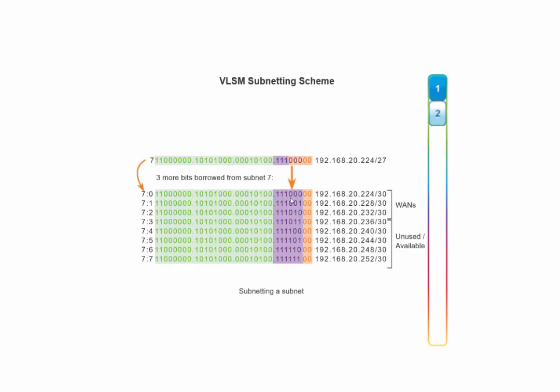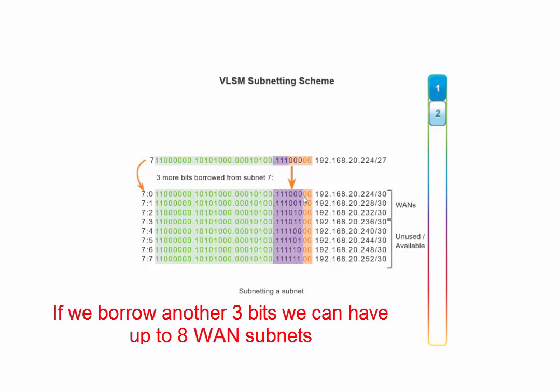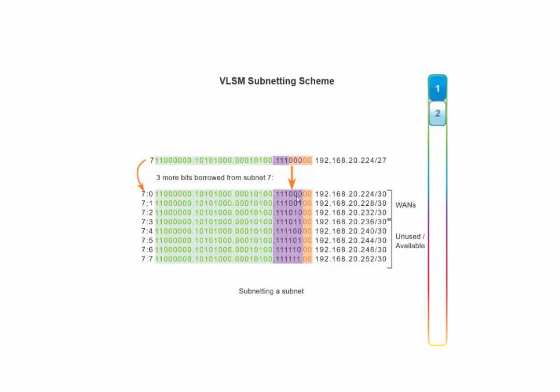In that case, we can subdivide this network and borrow another 3 bits and assign only 2 bits for host, because we only need 2 addresses for the WAN connections. We can subdivide this network into another 8 different subnets. So this will be 111 and then 3 zeros, all the way to 111 and then 3 ones.